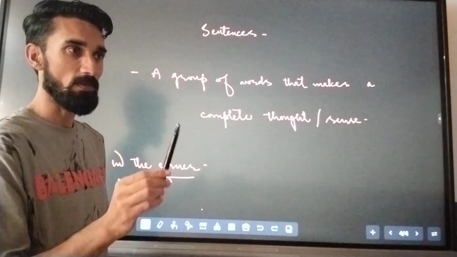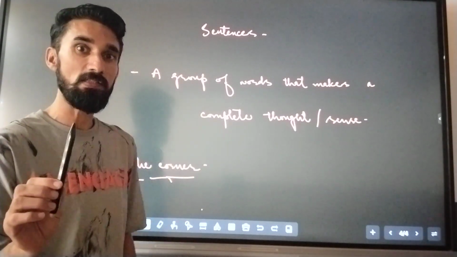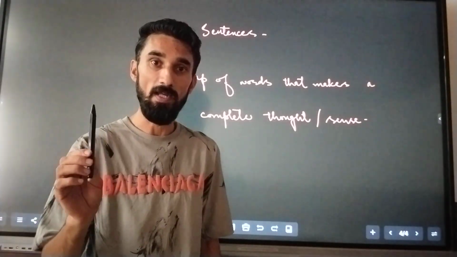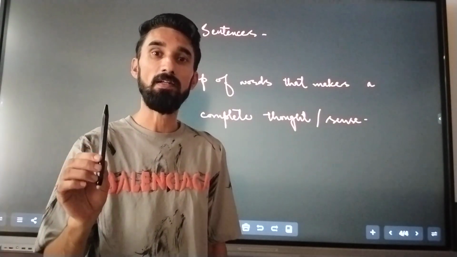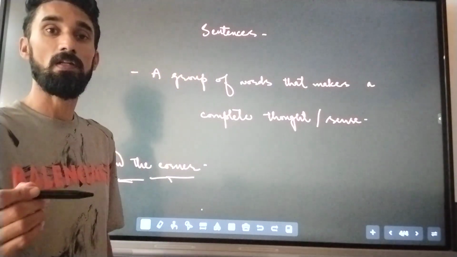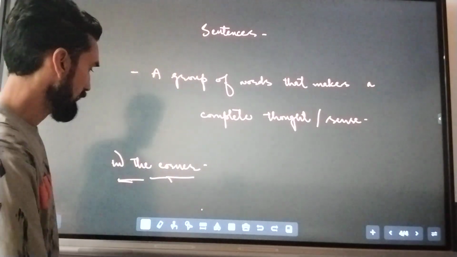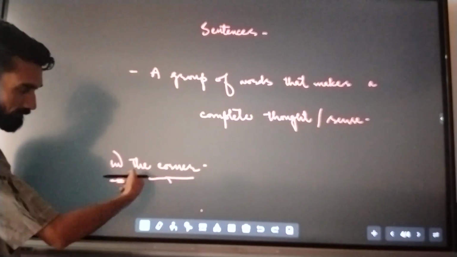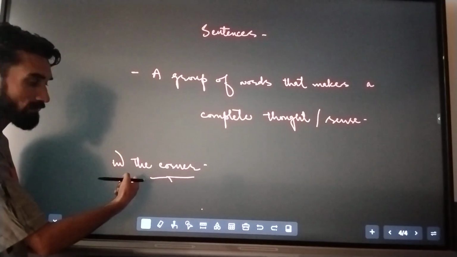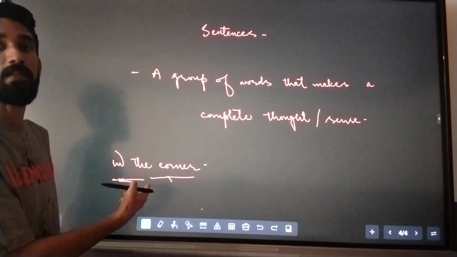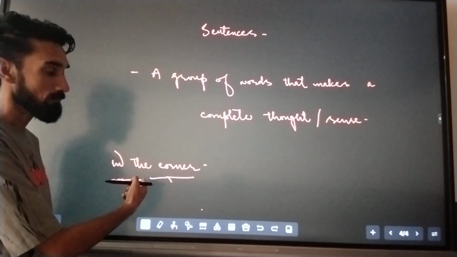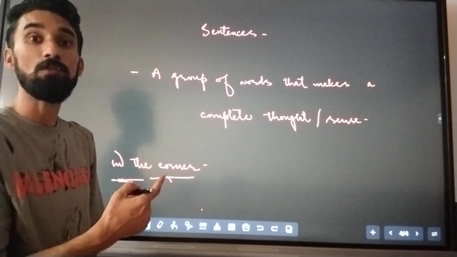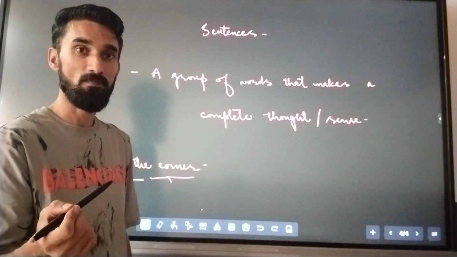So you must be knowing about the difference between a sentence and a phrase first. A phrase does not have a verb in it and a sentence necessarily has a verb. So this is a phrase. This is a group of words, but it does not contain a verb. That is why it must be called as a phrase. And moreover, it doesn't give you a complete sense.